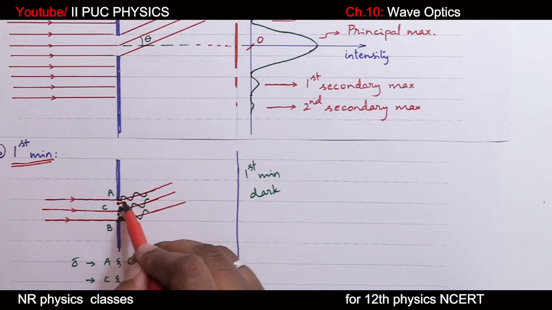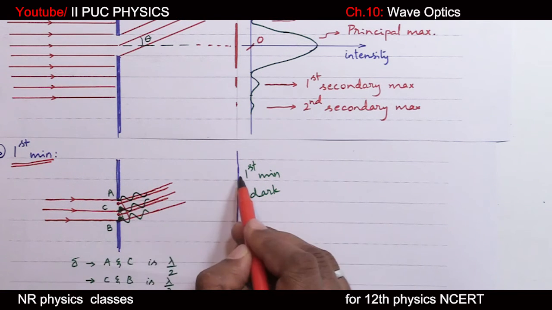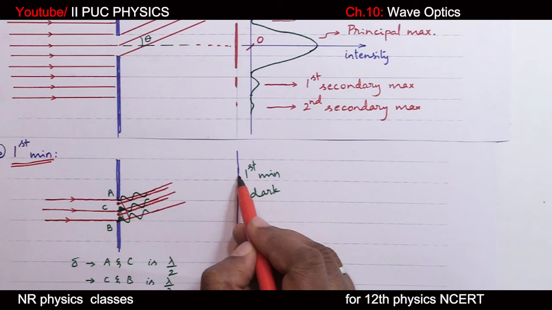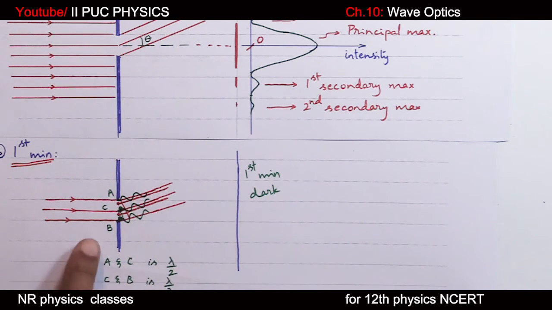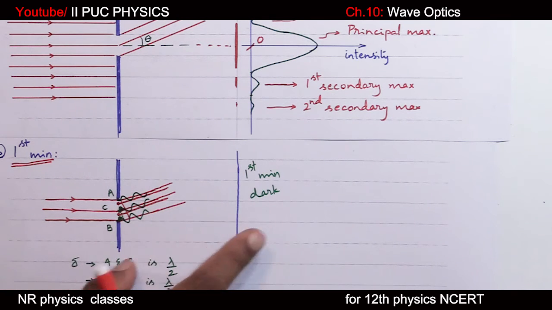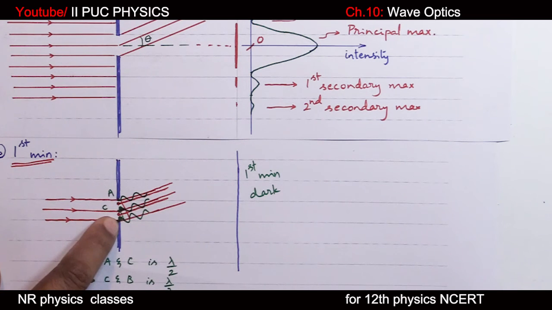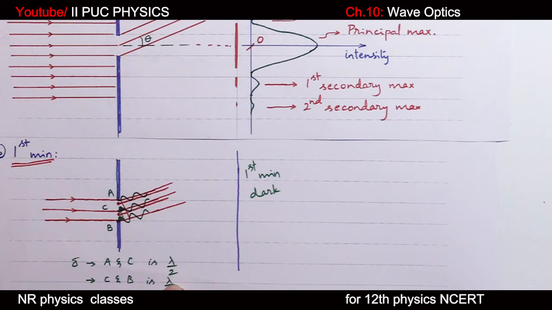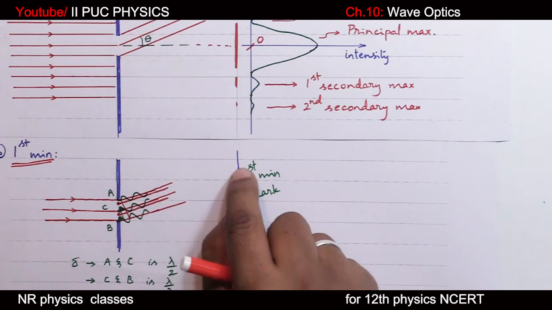Therefore, when these two rays or waves interfere, then they interfere destructively at this point. So there is destructive interference at this point. So if you consider any wave, students, please follow. If you consider any wave between A and C, you'll get another wave between C and B, where path difference between those two waves is lambda by 2 and they interfere destructively. That is why a dark region is formed.